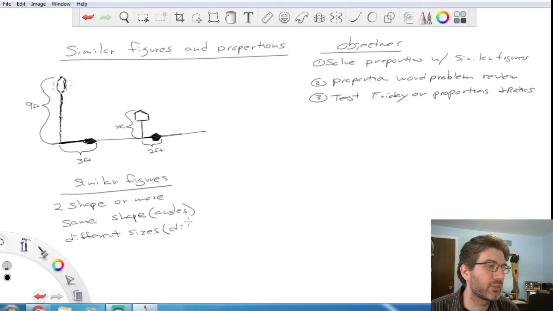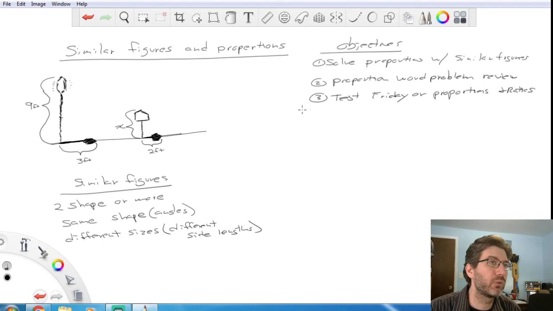So we have different side lengths. So it's two or more shapes with the same size angles, right? So it's the same shape, but it has different side lengths.